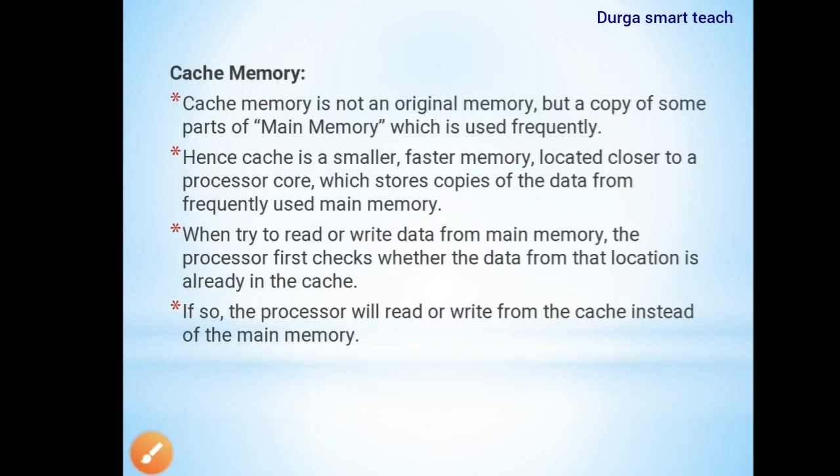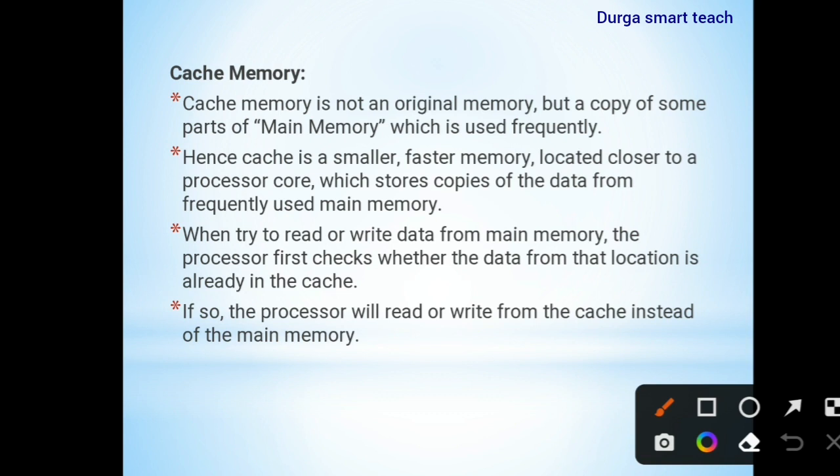The next one is cache memory. Cache memory is not the original memory. It holds a copy of some parts of main memory which are used frequently. Whatever data we use frequently from the main memory will be stored in the cache memory. When we want to use the same data next time, first the cache memory is checked, then the main memory.